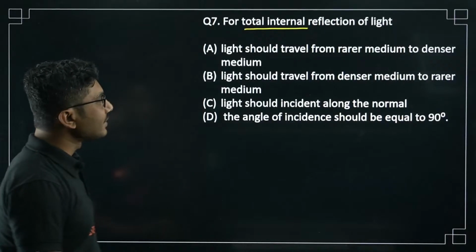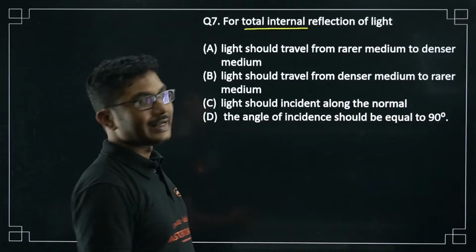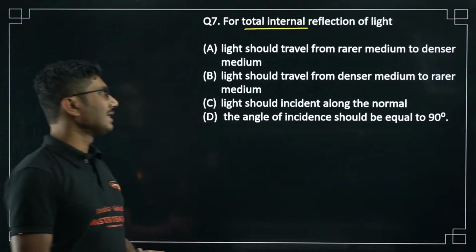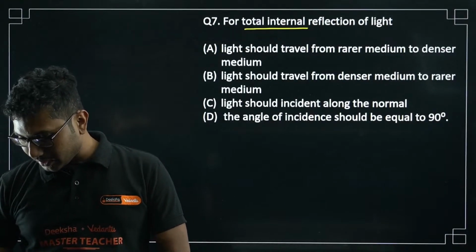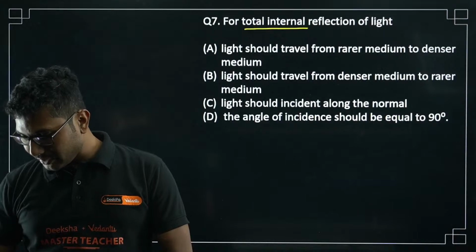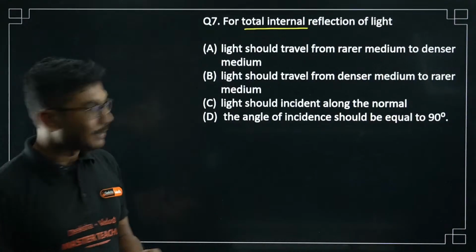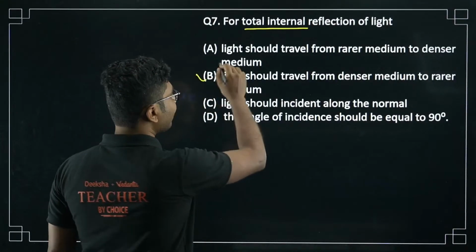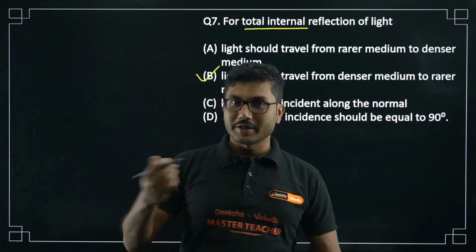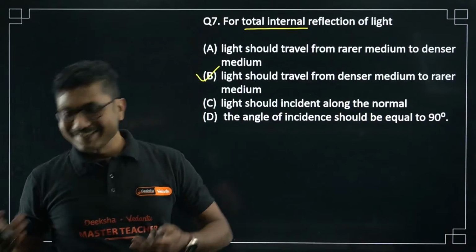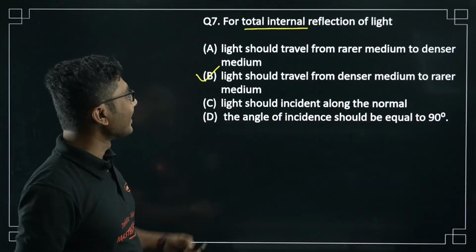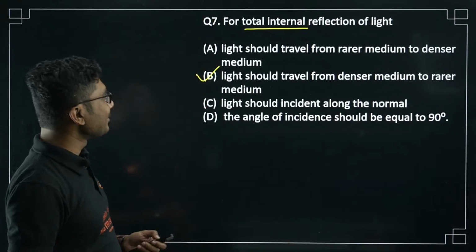The angle of incidence should be equal to 90 degrees. Which one of them is correct? Shagupta, Ataur, Yashashwini, Navyashri, all of you are saying 7B. So 7B, light should travel from denser medium to rarer medium. Correct answer.